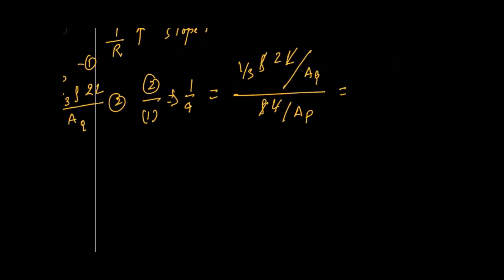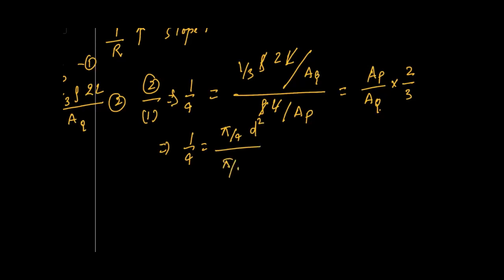So this will become AP upon AQ into 2 by 3. So we can write 1 by 4 is equal to, AP is pi by 4 D square, where D is the diameter of wire P, upon pi by 4 into dq square into 2 by 3.